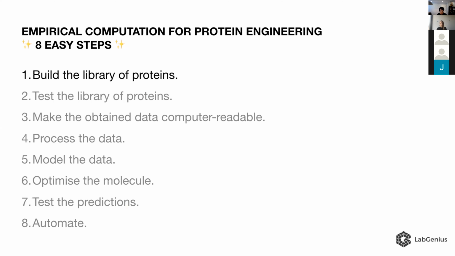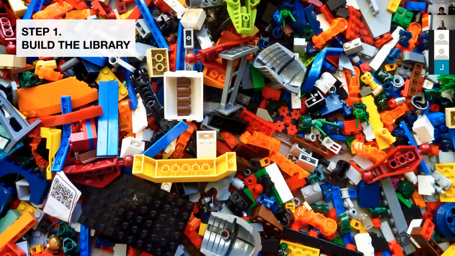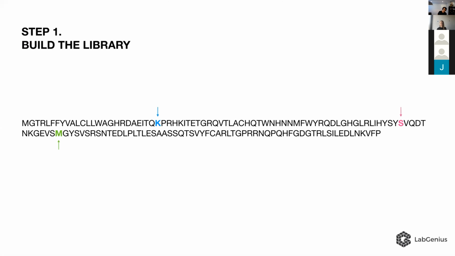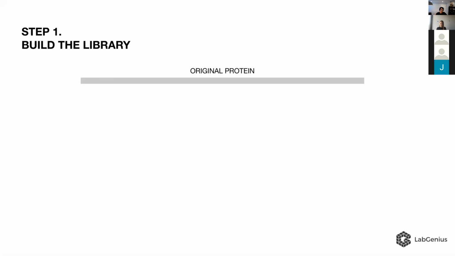And one of my favorite things about contemporary molecular biology is that essentially it works like Lego. And I used to love Lego when I was a kid, and I know I'm not the only one. So if you had a protein of this sequence and you wanted to create a library that would contain proteins that carry a full combinatorial set of all of these 3 mutations, then what you need is the original protein, your mutations, and then some reagents and a nice pipeline that combines these mutations together.